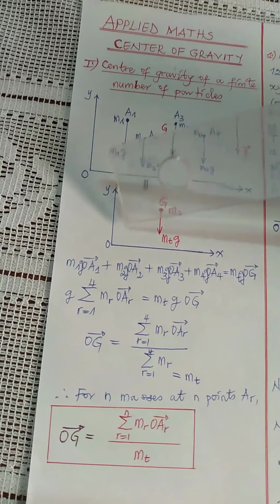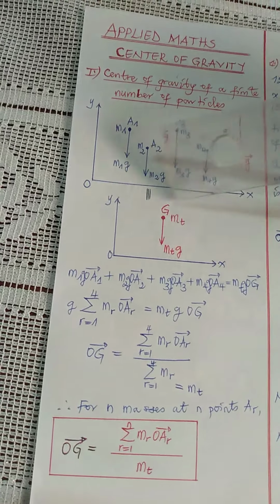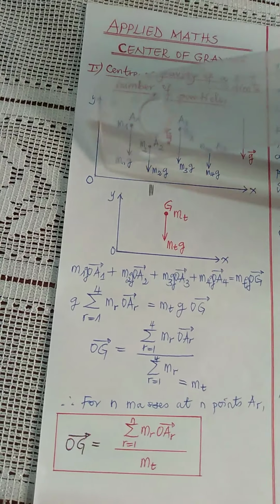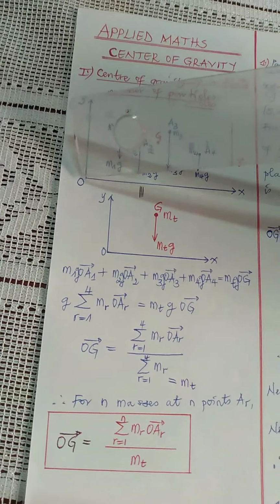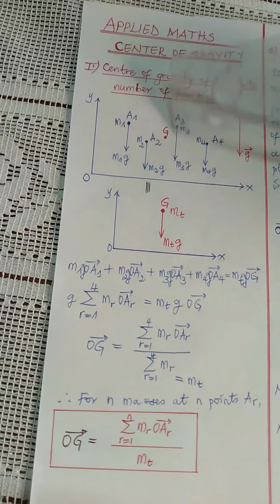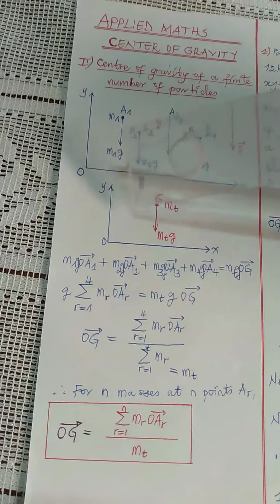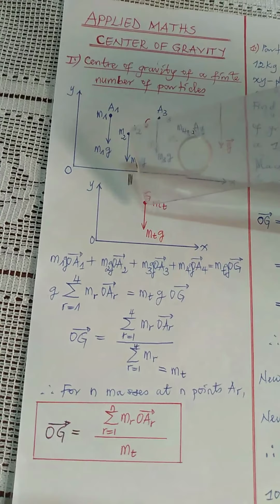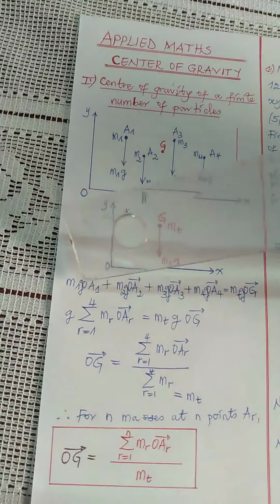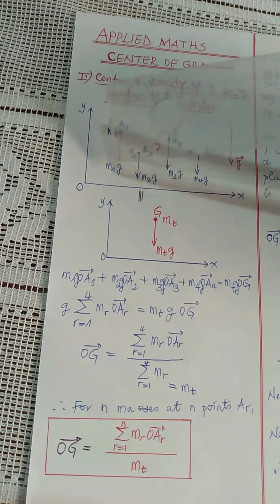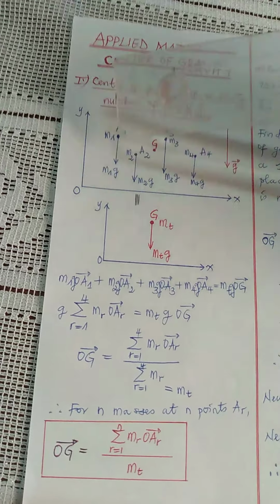So how do we get a position vector of G? Simply, we are going to apply moments. We take moments about the origin. So the sum of moments of each of these forces will be equal to what? It will be equal to the moment of the total weight about the origin also. So the sum of moments here is the weight times the position vector.